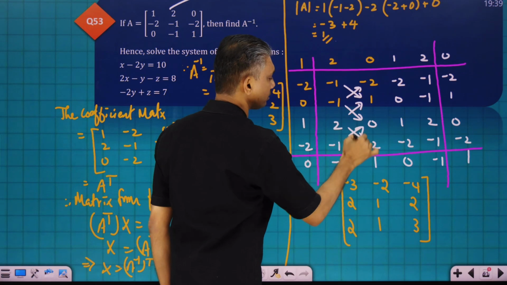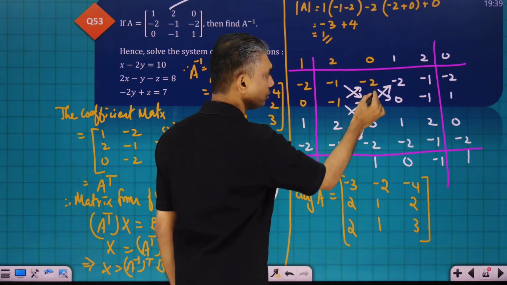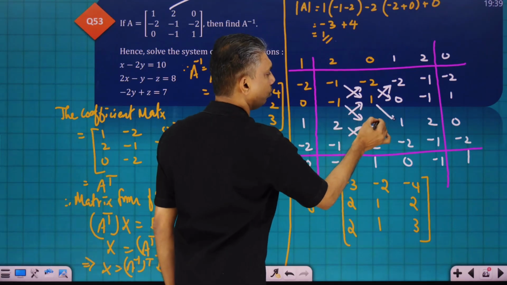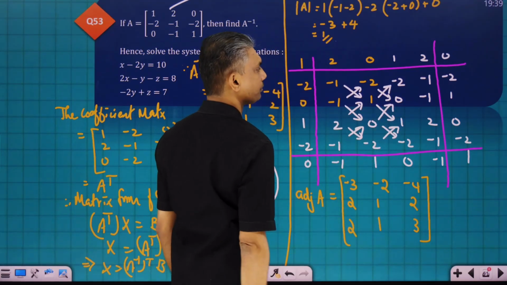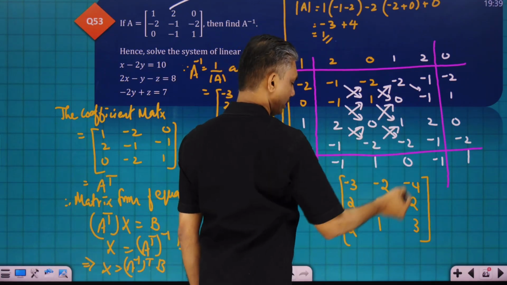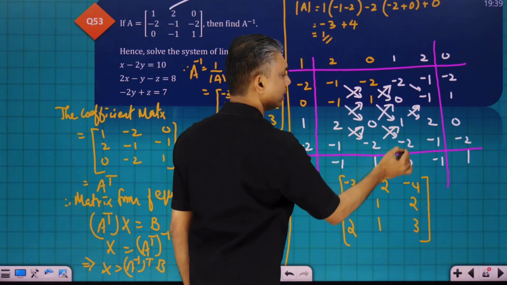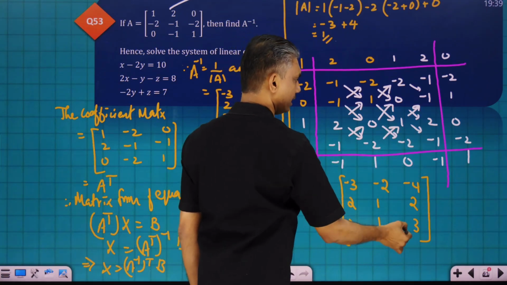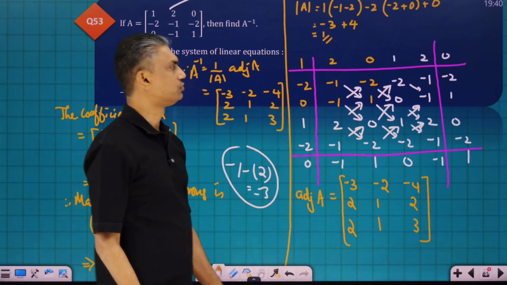Then minus 4 minus 0, that is minus 4. Then minus 2 plus 2. Sorry, 0 plus 2, that is 2. 1 minus 0 is 1. And 0 plus 2 is 2. Then 2 minus 0 is 2. 0 plus 1 is 1. And minus 1 plus 4 is 3. So, you got adj A.